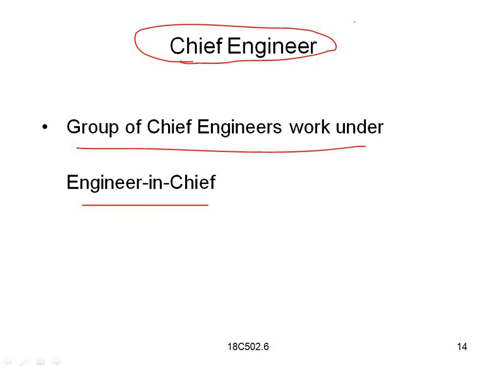That means 2 or 3 or 4 or 5 chief engineers will be working under him. These chief engineers have controlling powers, and they can sanction amounts or any budget, and they can transfer persons under their category. And they can also give proposals to the government.